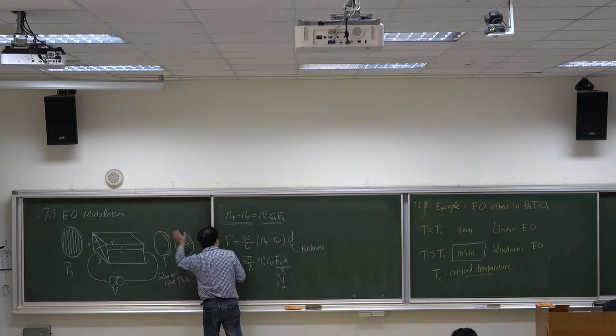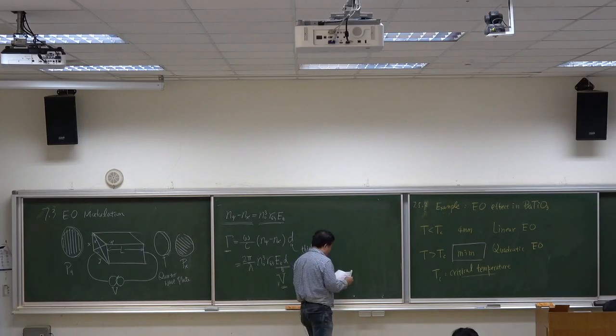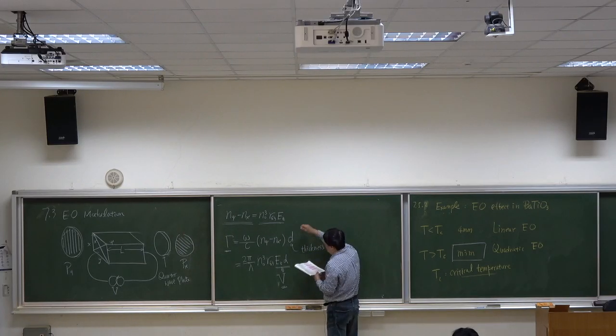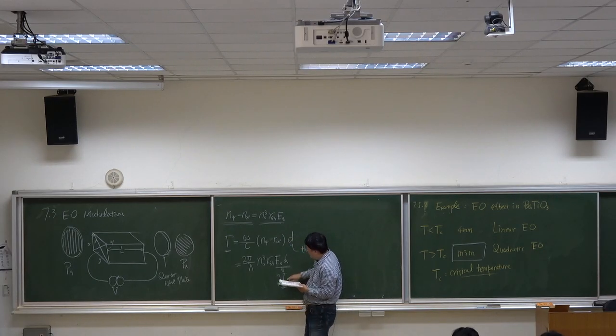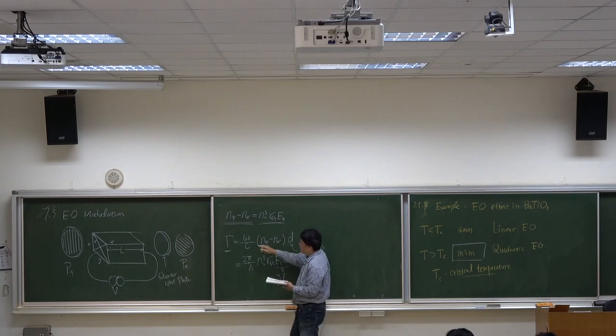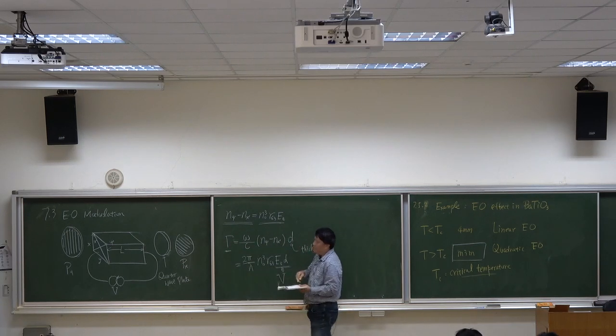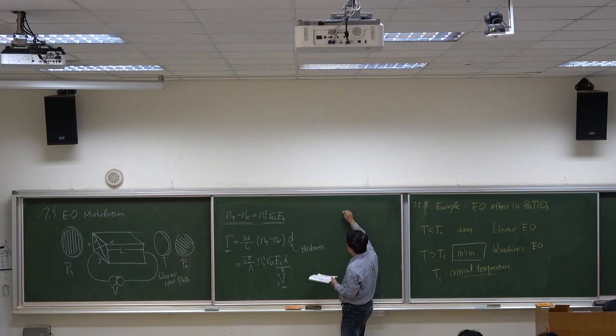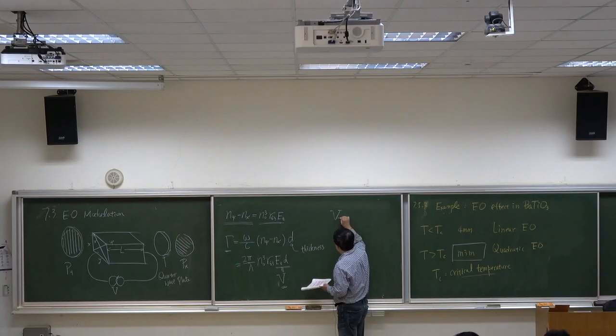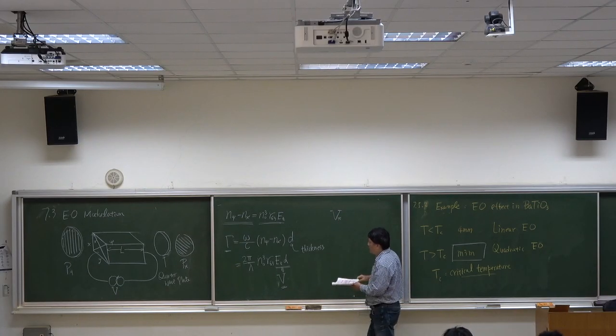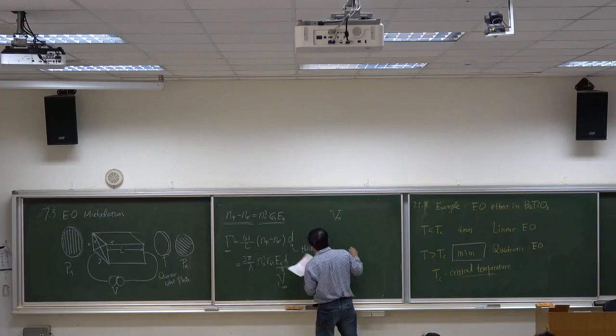additional wave plate, then what's the value of V that corresponds to retardation equal to pi? Suppose the voltage is denoted as V pi, and V pi corresponds to gamma equal to pi.